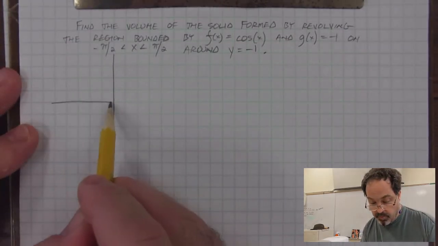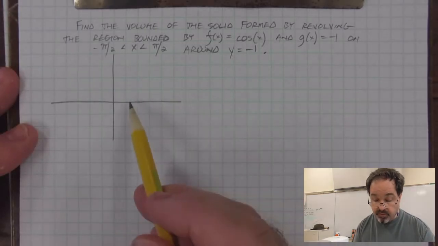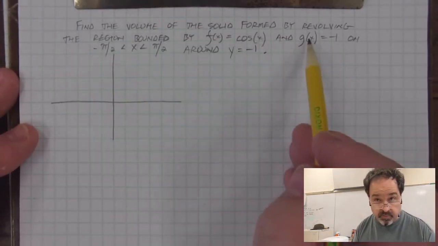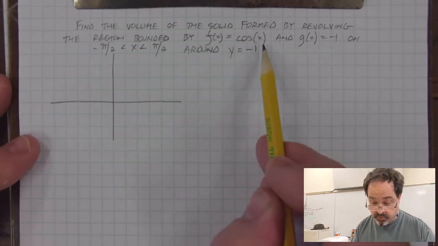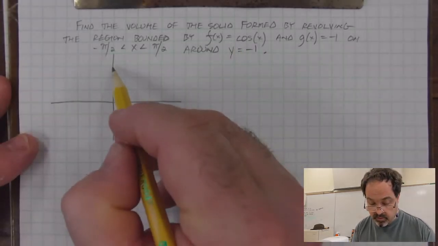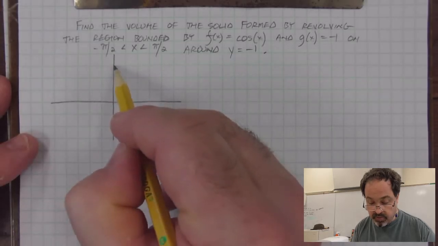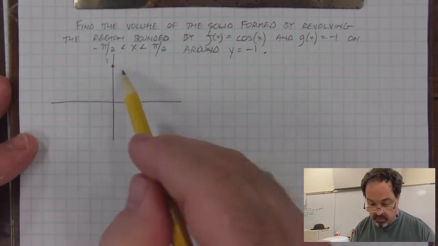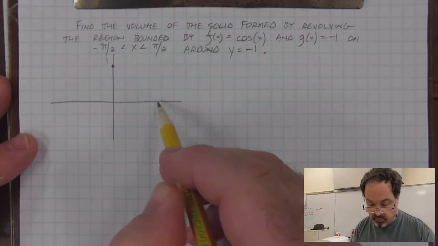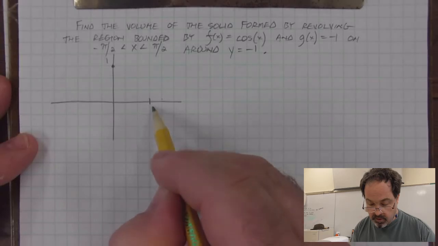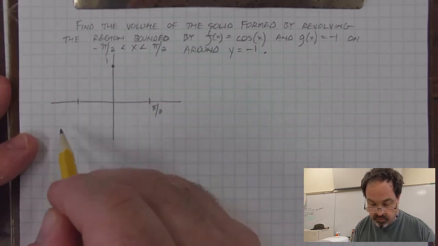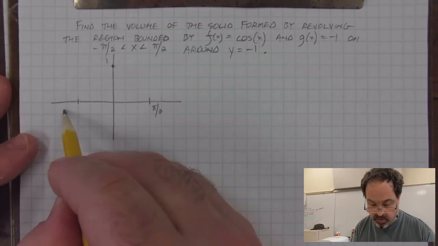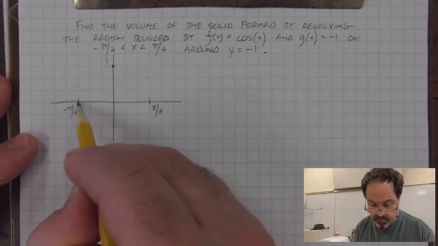So I'm going to graph the region that is bounded by these equations by graphing each equation first. We have the cosine function. Cosine starts at its vertical intercept at 1 and comes down to a horizontal intercept at pi over 2, and if we go in the negative direction, cosine will have an intercept at negative pi over 2.